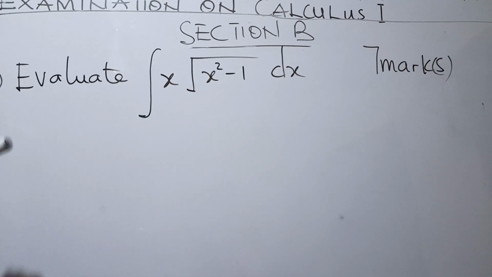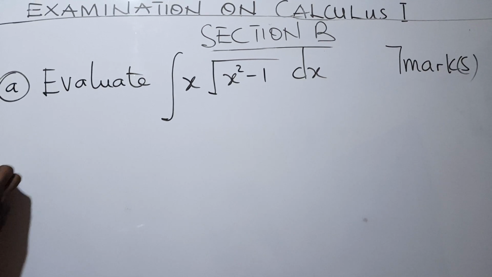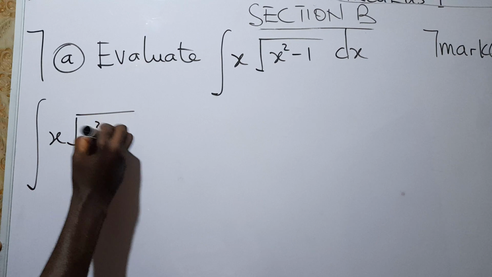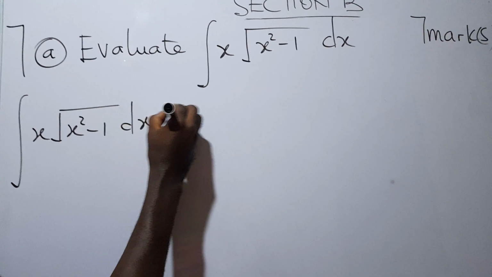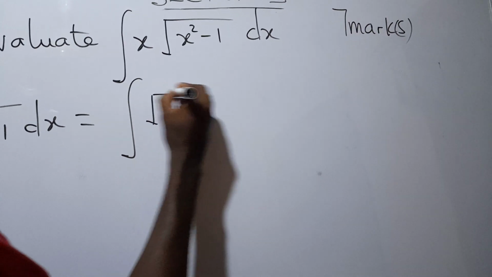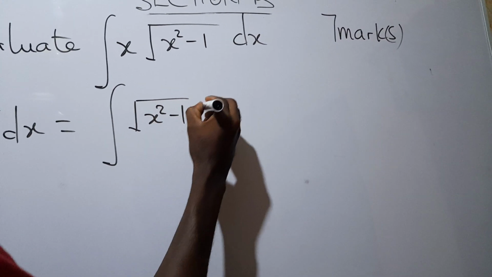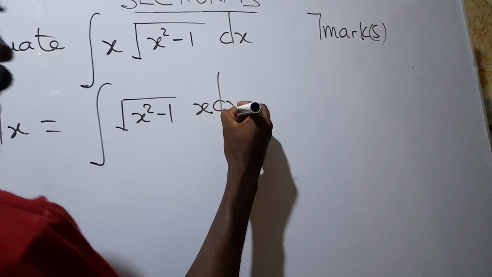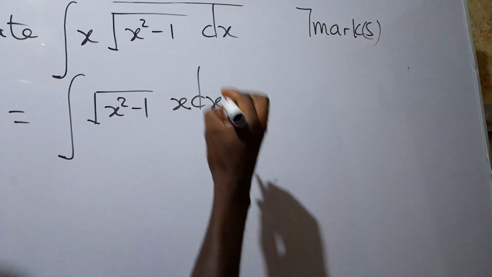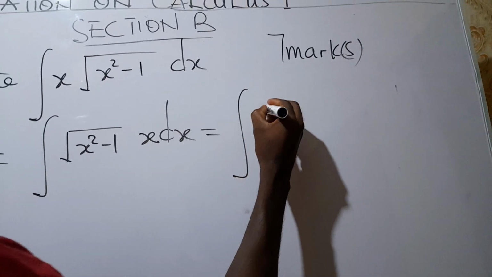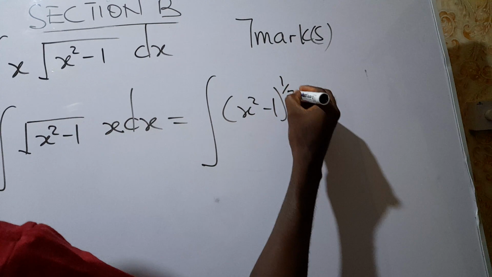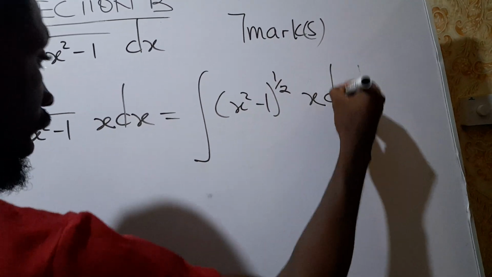integration by substitution. So we can say the integral of x times the square root of x squared minus 1 dx can be rewritten as the integral of the square root of x squared minus 1 times x dx, and it will not change the meaning of it. We can rewrite this as the integral of (x squared minus 1) exponent half times x dx.